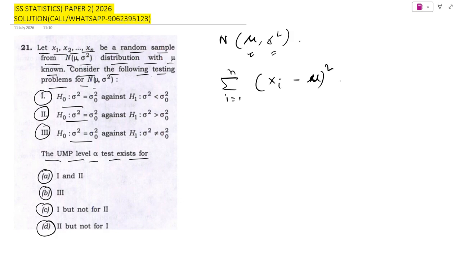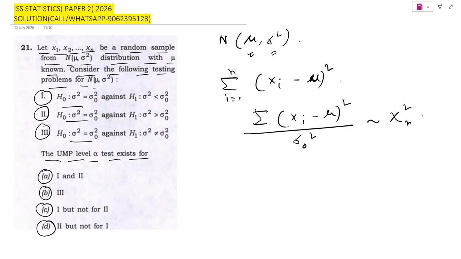Under the null hypothesis, this chi-square statistic completely captures the information about the variance.